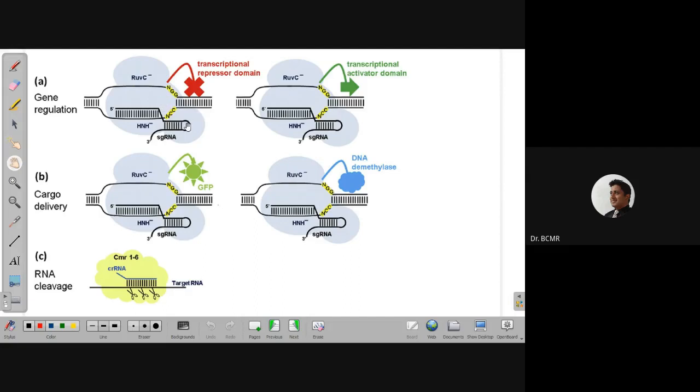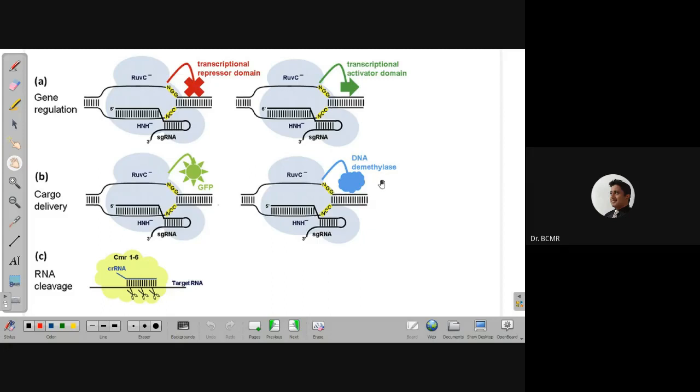You can also have visualization, or what is called cargo delivery. This is for visualization, right? Like GFP. If you want to locate where a particular DNA fragment or sequence is, you can use GFP translational fusions with Cas9 mutants.